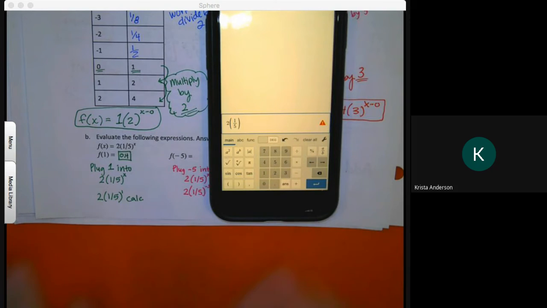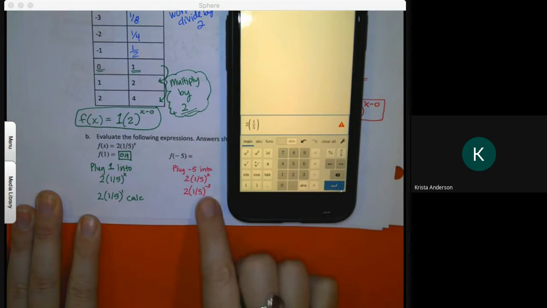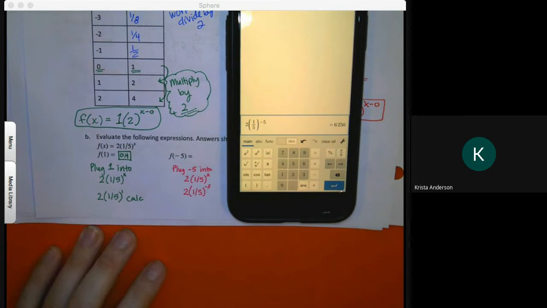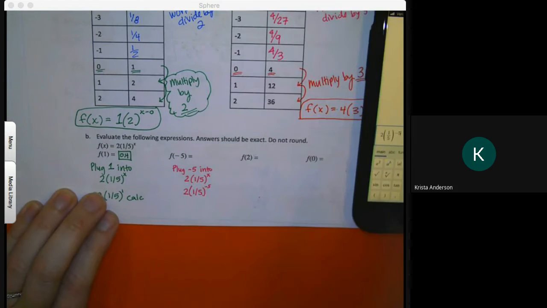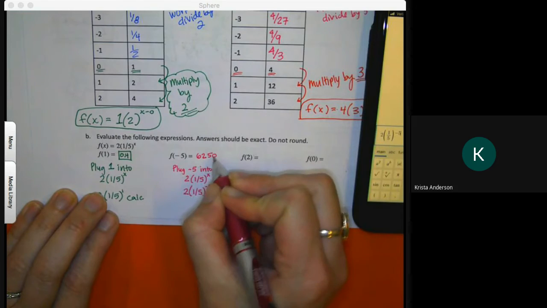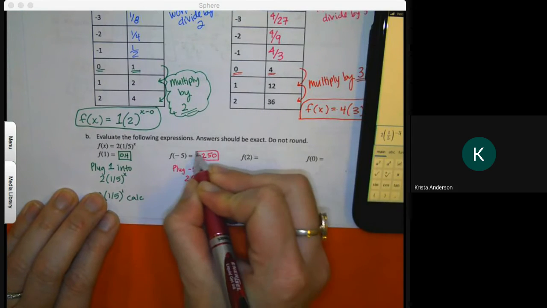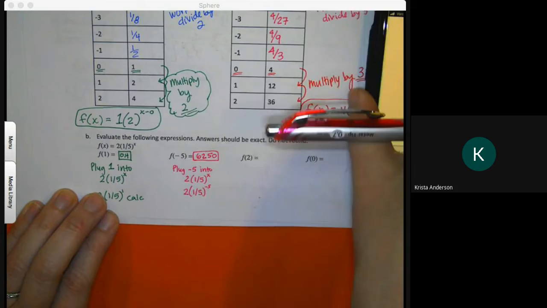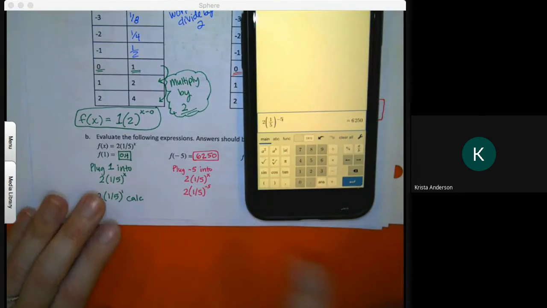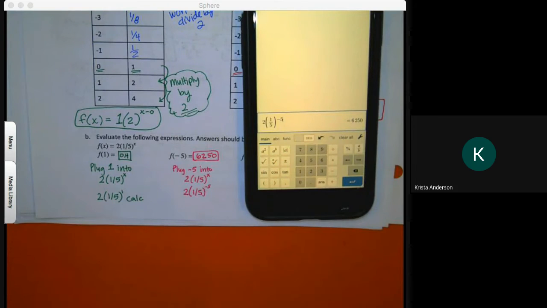I just get rid of the 1 and replace it with the -5 that they want me to substitute in, which would give me 6,250. We'll just substitute that value in wherever the letter x is.